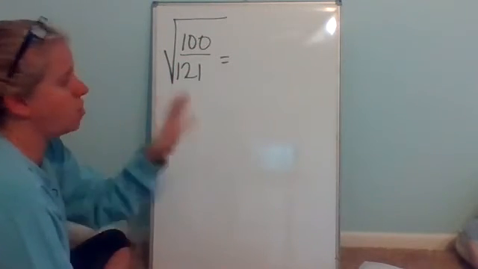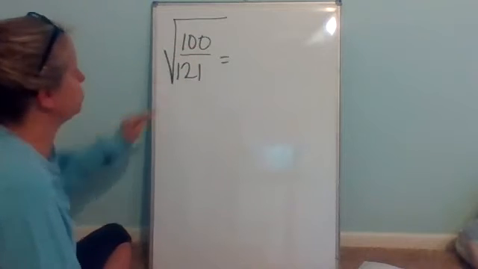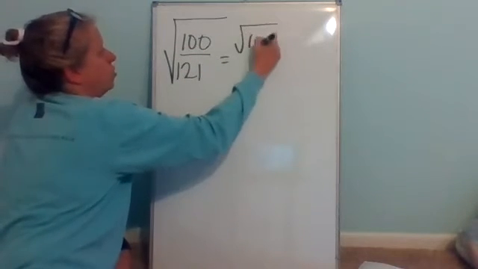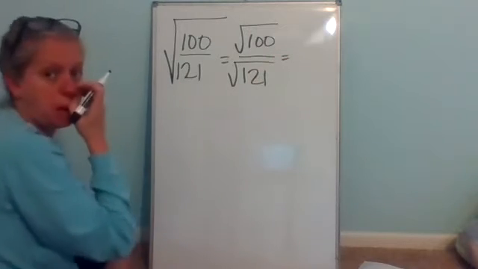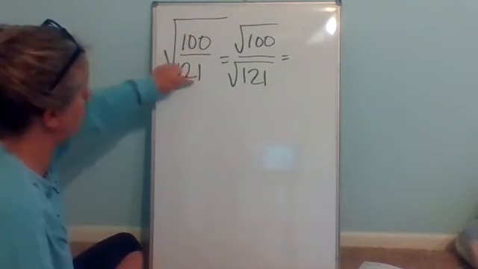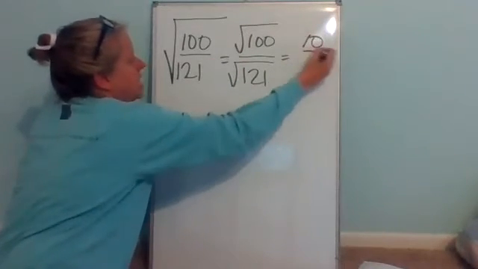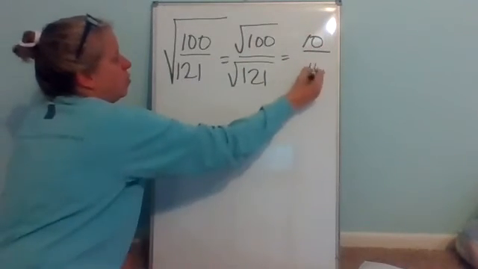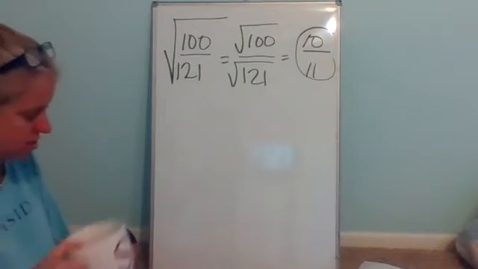So when we get to this section, let's go ahead and write these separately. Because these numbers right here, that's just like taking the square root of 100 and the square root of 121. If you're taking the square root of the fraction, you're taking the square root of the top and the bottom. So the square root of 100 was 10. The square root of 121 is 11. So you just would have 10 11ths.